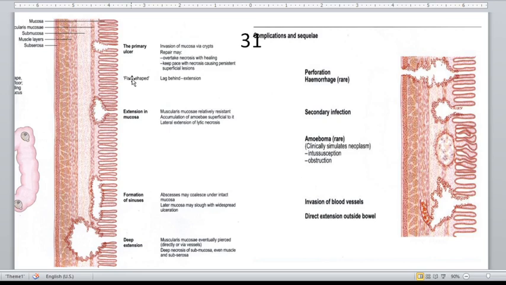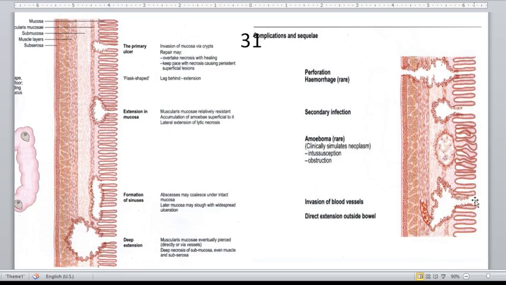If you have case studies about parasitology and it was mentioned that the parasite caused flask-shaped ulcers in the intestine of the individual, most definitely that is caused by Entamoeba histolytica. There is also formation of sinuses and deep extension, as well as invasion of other body parts.